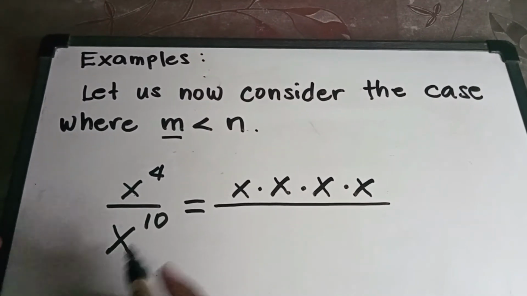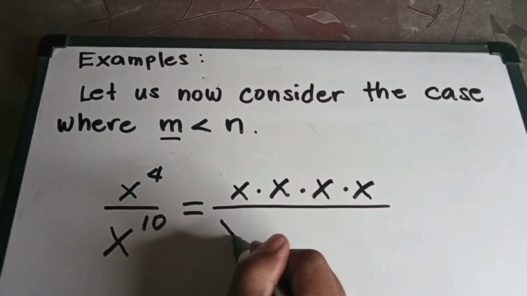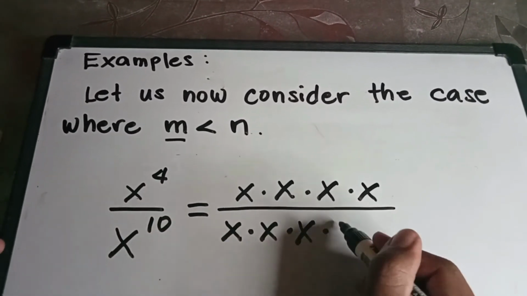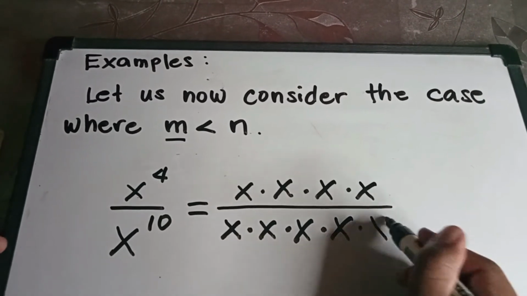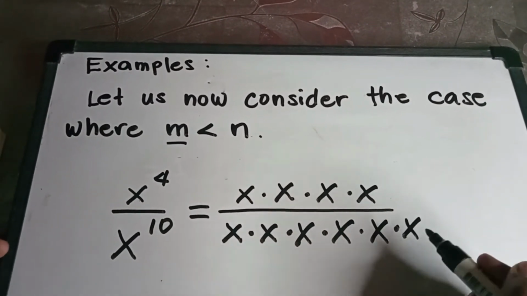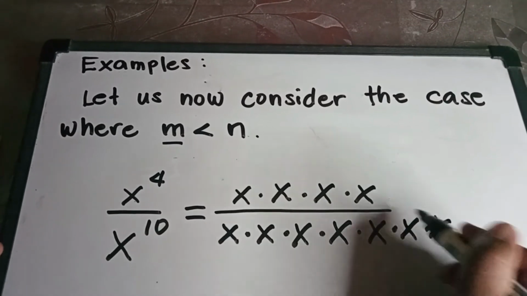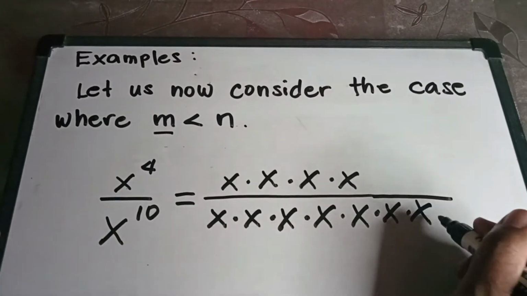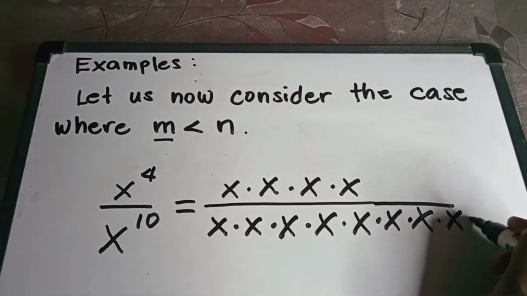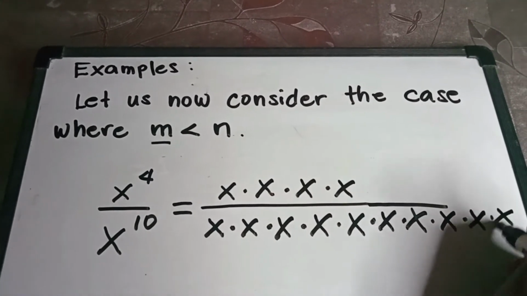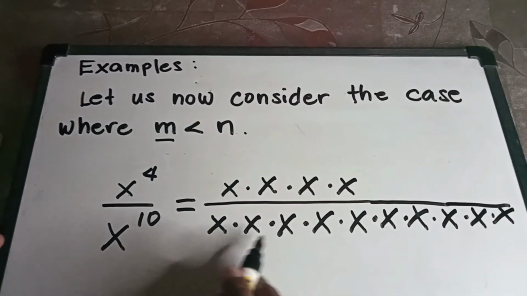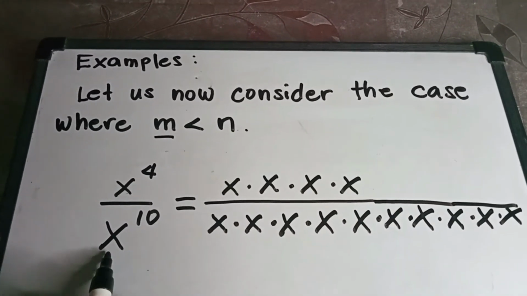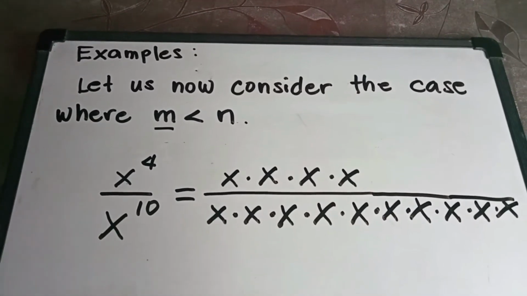And then yung nasa baba, we have x raised to 10, so x times x times x times x times x times x times x. Yan na ba lahat? 1, 2, 3, 4, 5, 6, 7. Kulang pa. Times x times x times x. Kompleto na ba? 1, 2, 3, 4, 5, 6, 7, 8, 9, 10. Ibig sabihin, yung x raised to 10 ay 10 beses ni x.